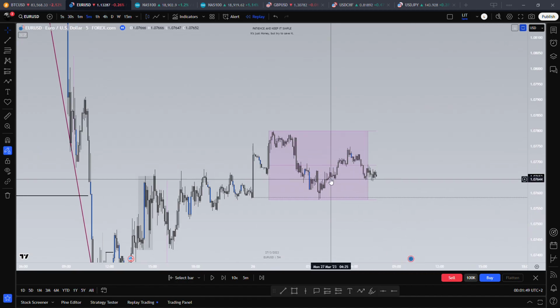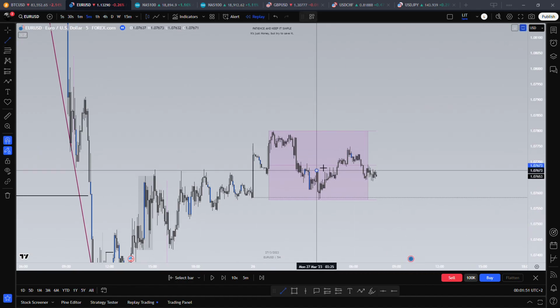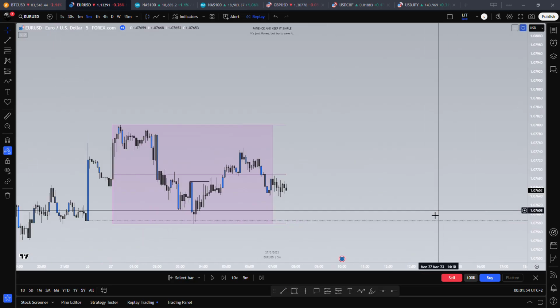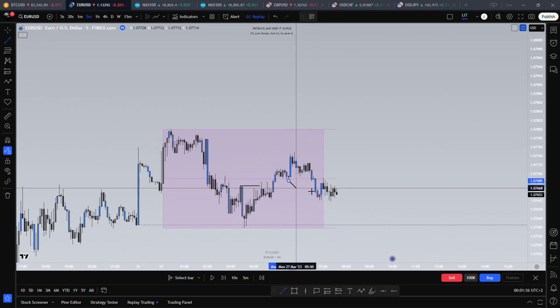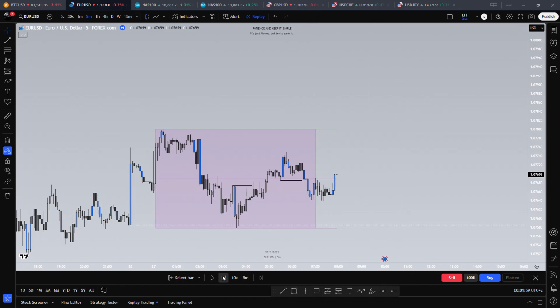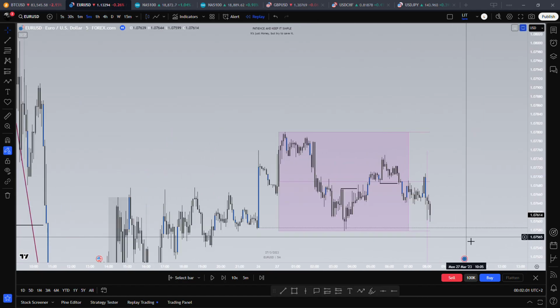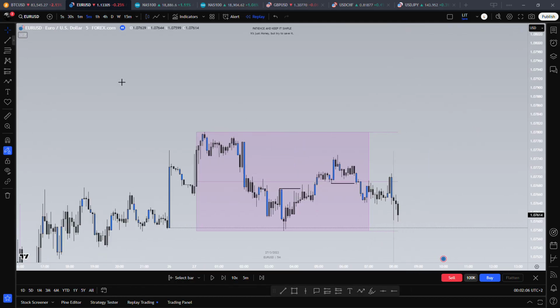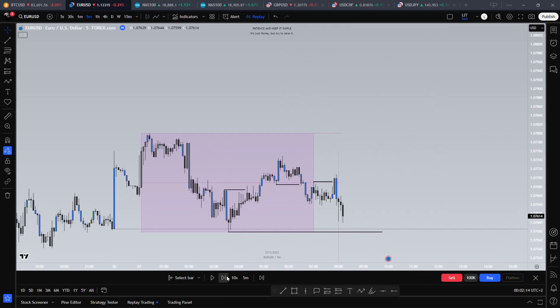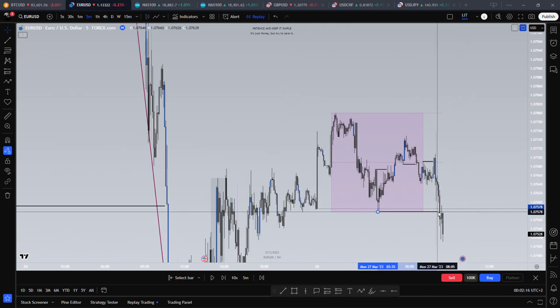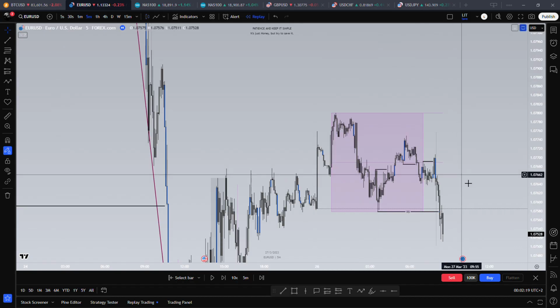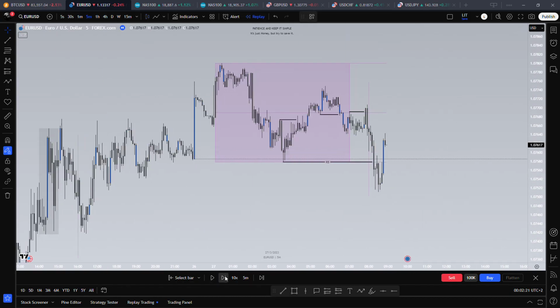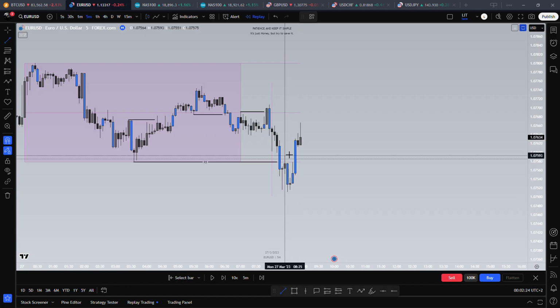So now break obstructor here, and now this break obstructor here. Okay, so we have this break, but there's nothing to the left. Okay, so my rival liquidity is here. Now we can start looking for reversals maybe. Okay, reversal.